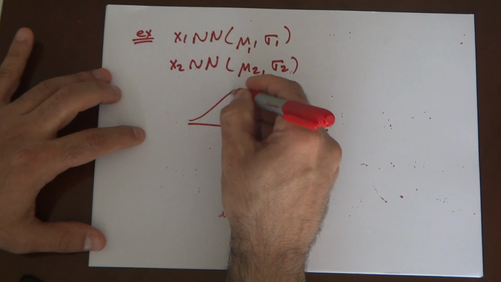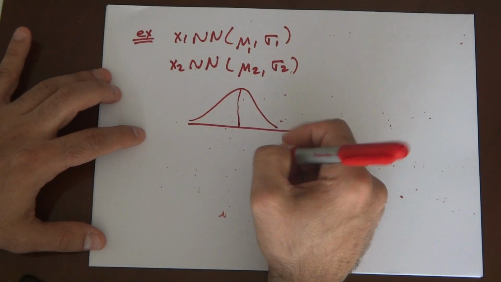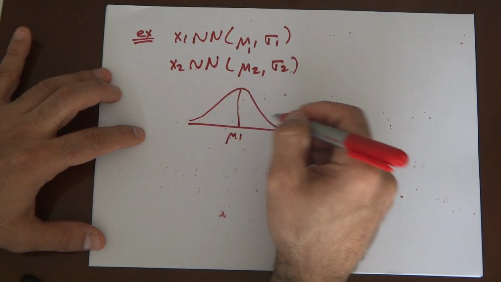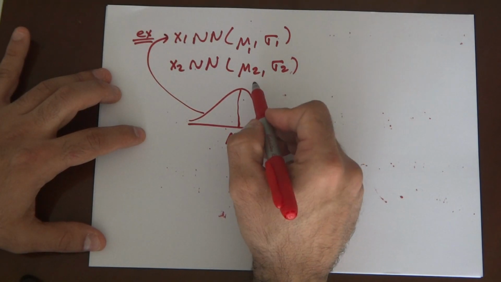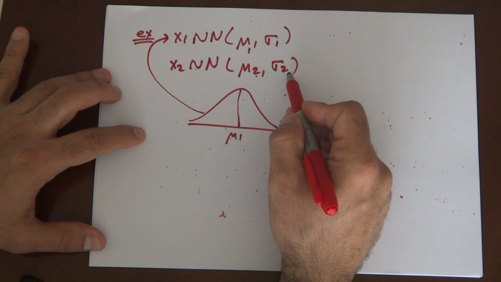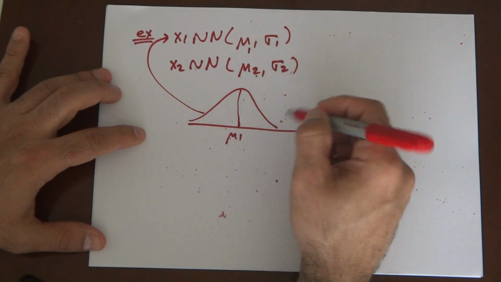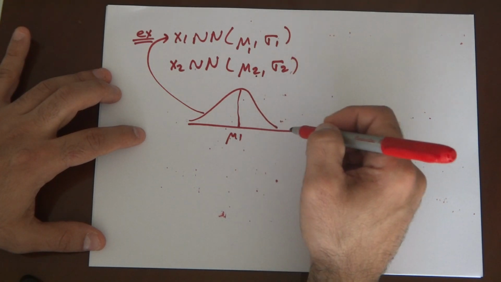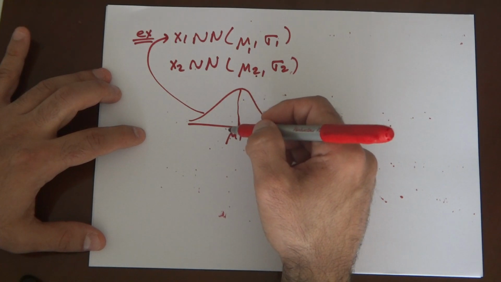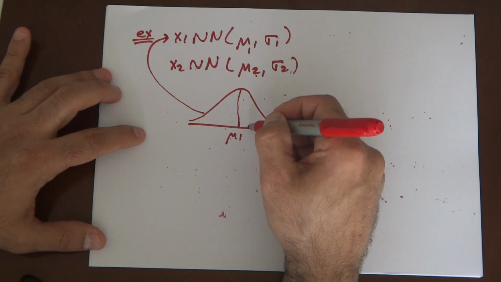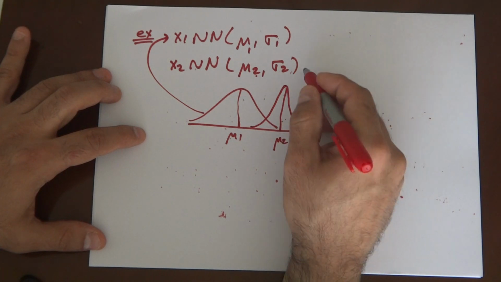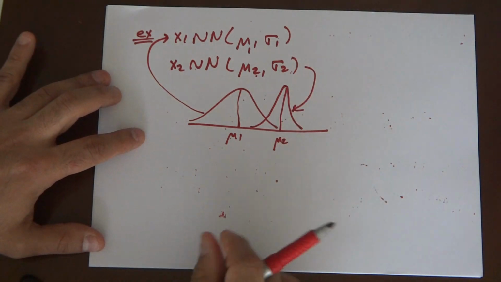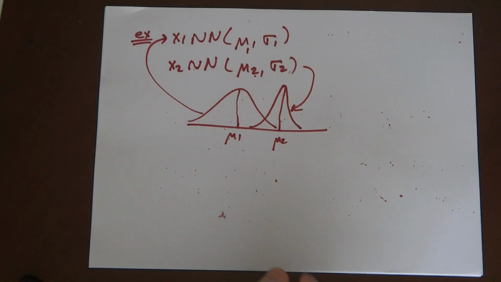The center is different. Let's say this is mu1 for the first distribution, and for the second distribution mu is different and sigma is different. This means the bell-shaped curve is totally different, and the centers are also different. Let's assume this is mu2. As you see, they all differ.